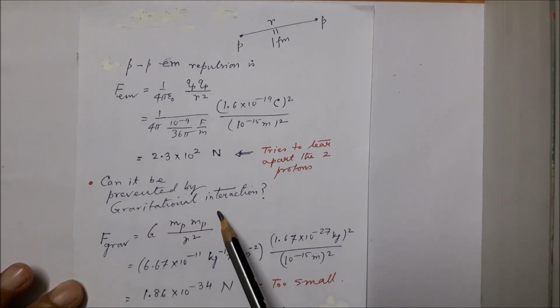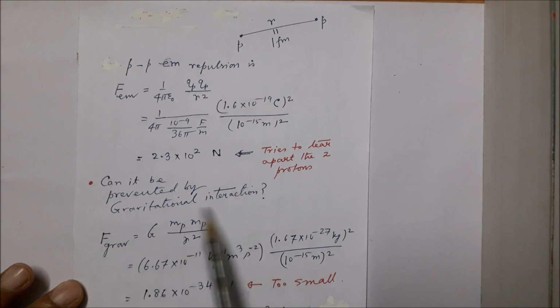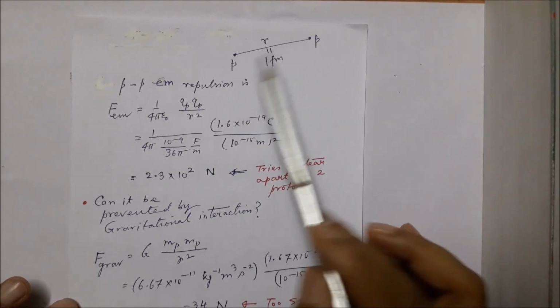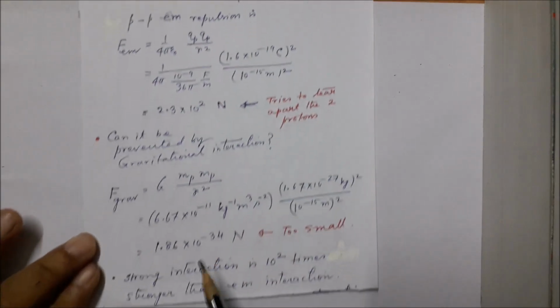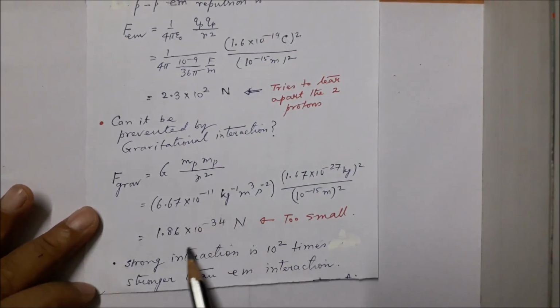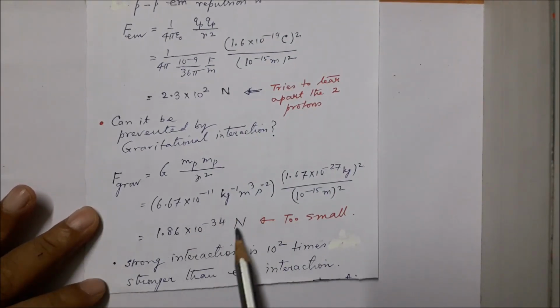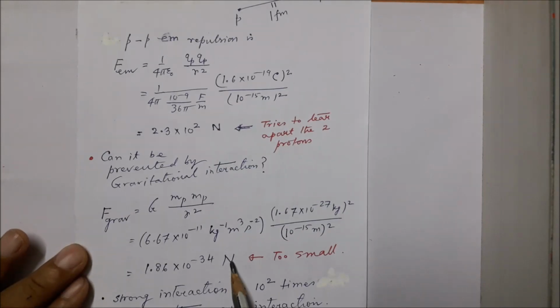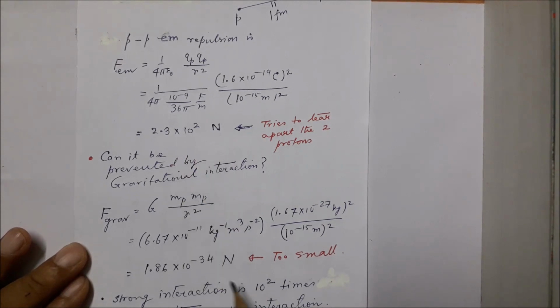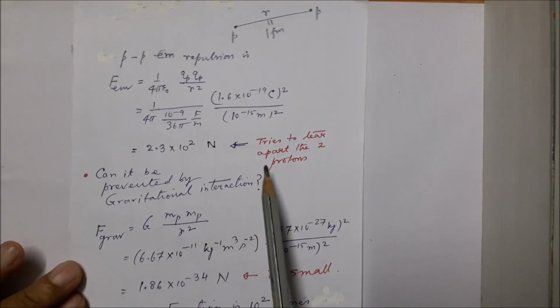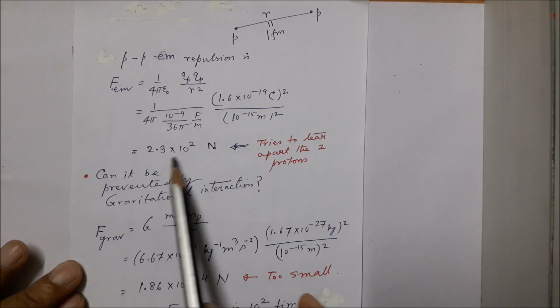That can be tested using Newton's law of gravitation to find the gravitational interaction between two protons separated by this distance of 1 Fermi. And when things are properly put, we end up with 10 to the power minus 34 Newton, which is hopelessly far from this value. So this is too small, and therefore gravitational interaction cannot prevent their separation.